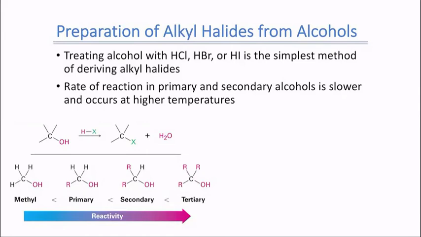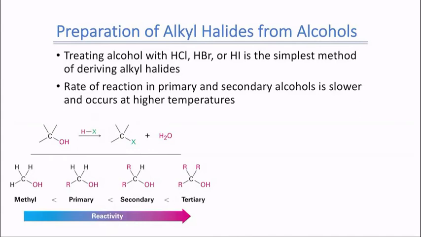Now, one thing to notice is HF isn't listed here. HF takes a different set of circumstances. So with all these other ones, if I add the alcohol to the appropriate hydrohalogen acid, I'll get the corresponding alkyl halide. It doesn't work with HF.